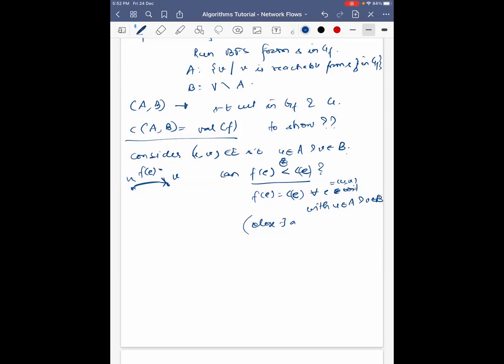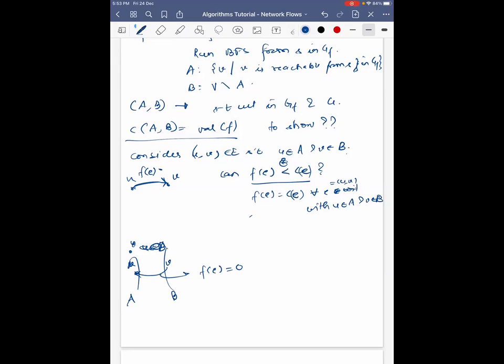Where were we? If the flow carried is less than the capacity of this edge, then I'll be able to create a forward edge, which would give me a path from S to T. And suppose now there is an edge that has its head pointing in A and its tail in B. For any such edge, your flow must be 0, because such edges should not carry any flow.